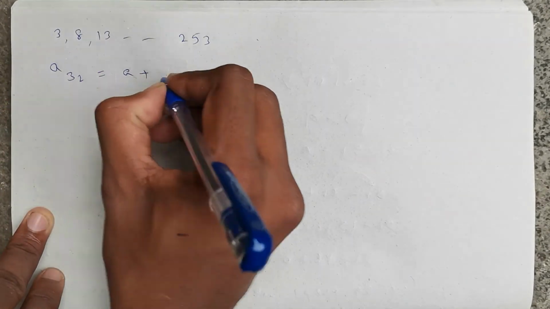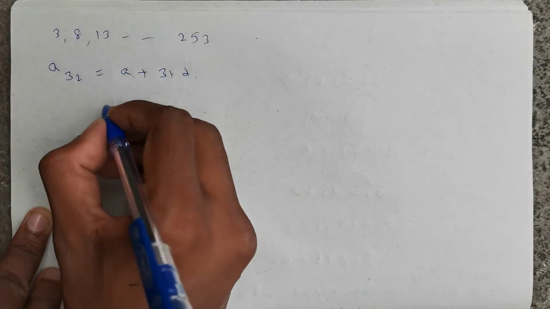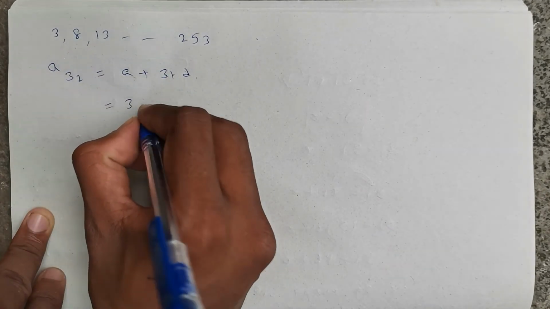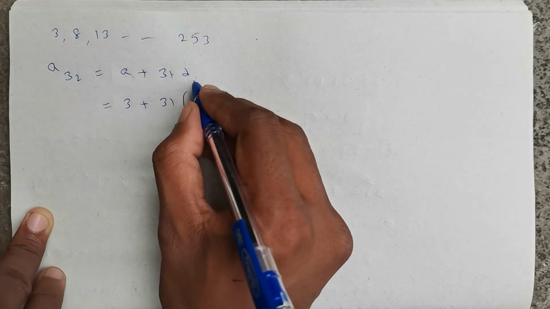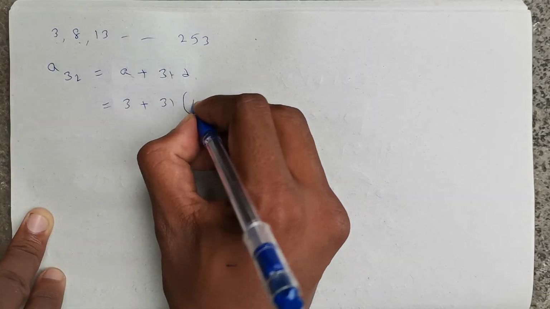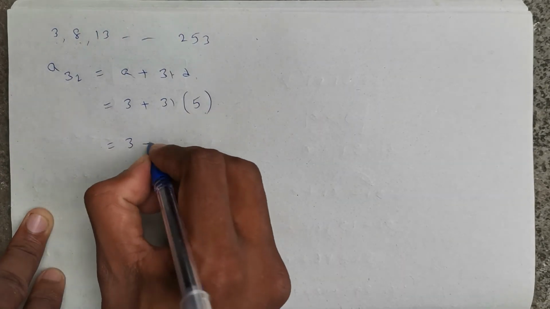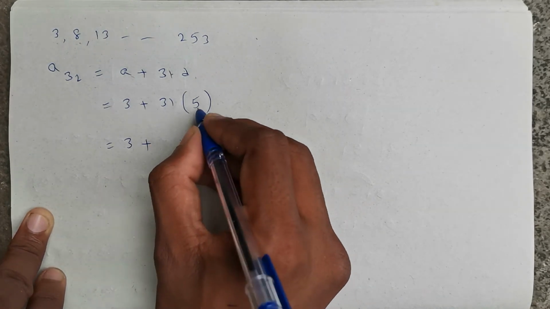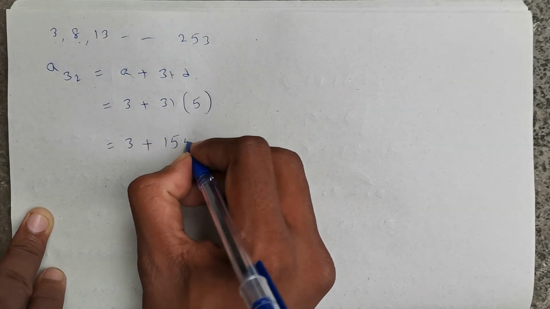A32 is equal to a plus 31d. The first term is 3, plus 31 into the common difference. The second term is 8, the first term is 3, so 8 minus 3 is 5. So it is 3 plus 31 into 5. 5 ones are 5, 5 threes are 15, so 155.